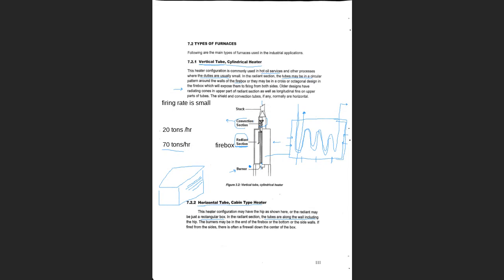So in this kind of furnace, the burners may also be at the end of the firebox, either the front or the rear end. They could also be at the bottom, the floor burners. Or you could have side or wall burners, on the side.